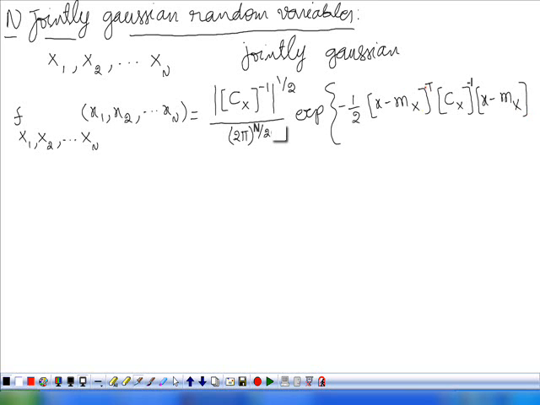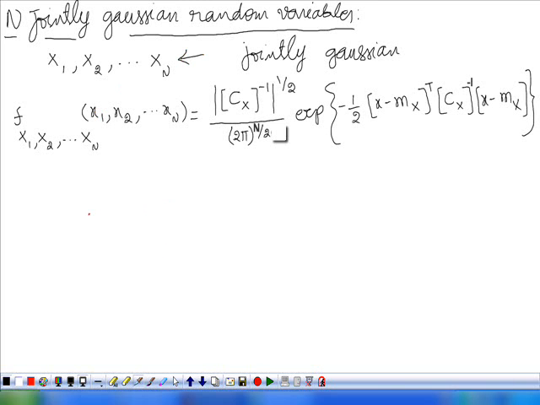This t indicates the transpose. So this should be the joint probability density function of these random variables x1, x2, so on, xn. Then only can we say that the corresponding random variables are jointly Gaussian.